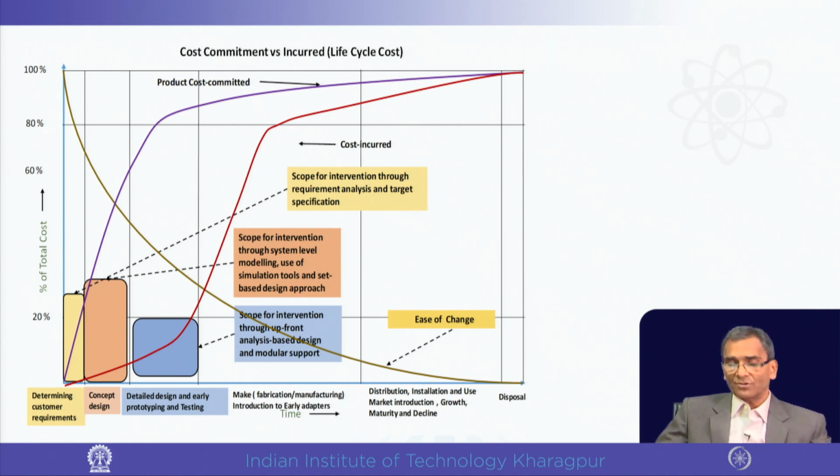As we move from detailed design to make and fabrication, manufacturing, and then distribution, installation, etc., the actual cost goes up and much cannot be done, but here in the beginning much can be done in terms of planning. So, planning is important. And finally, when it comes to disposal, practically very small difference is there.